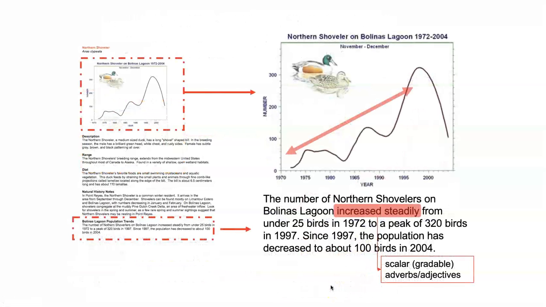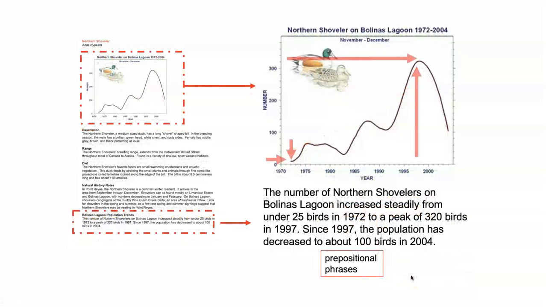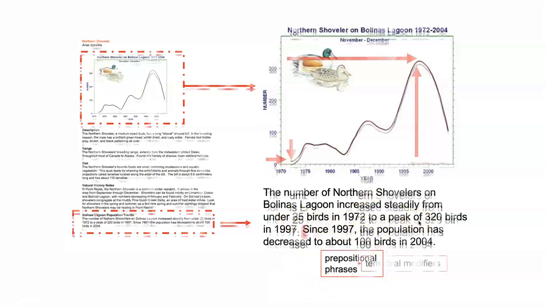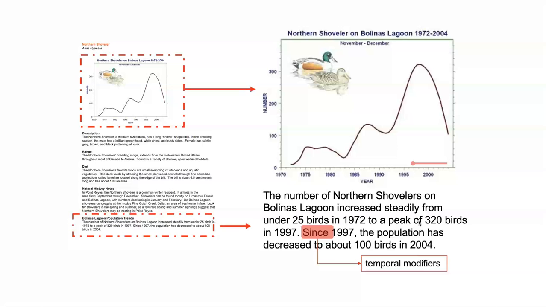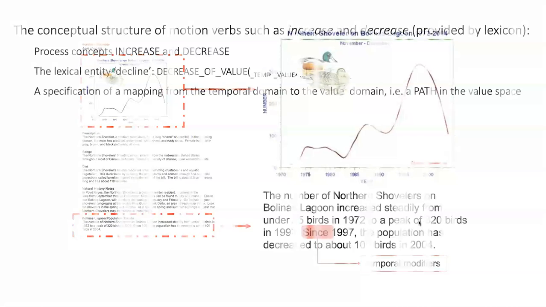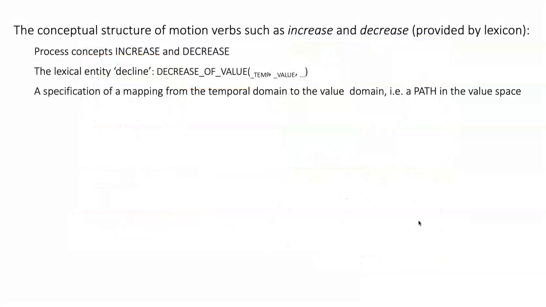For example, here, this increase is represented by increase steadily, which was a scalar gradable adverb. And in another example, the sentence was full of prepositional phrases like from a peak of, or from one point to another point, etc. And there were also temporal modifiers. So I was able to find a terminology of all this stuff, invariants, by analyzing the sentences.